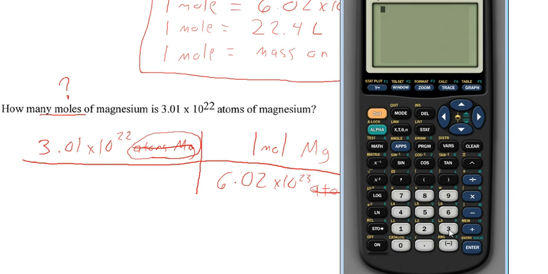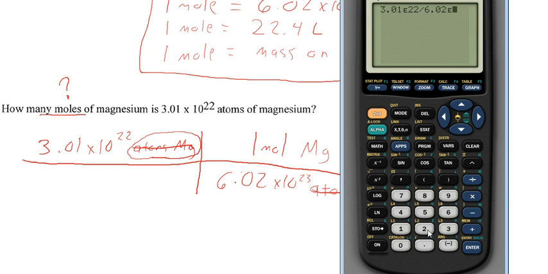So put the first number in your calculator, 3.01. That E right there in your calculator means times 10 to the 22nd. I see that the next number, ignoring ones, is at the bottom. So at the bottom means divide by 6.02 times 10 to the 23rd.